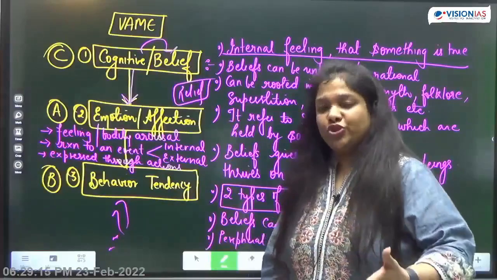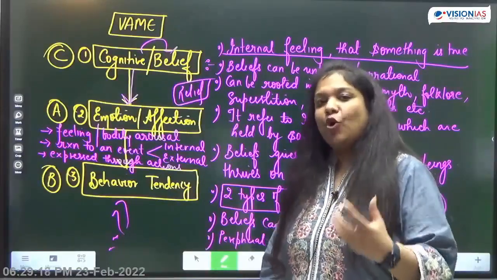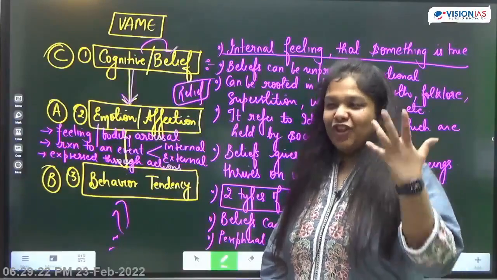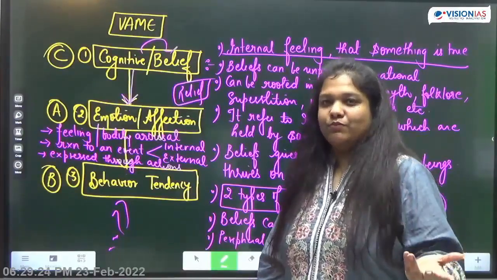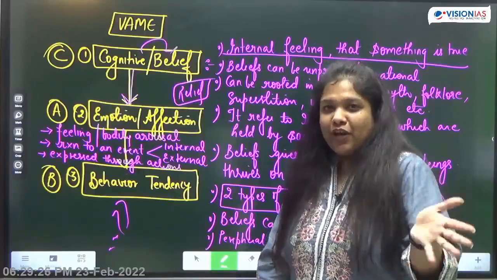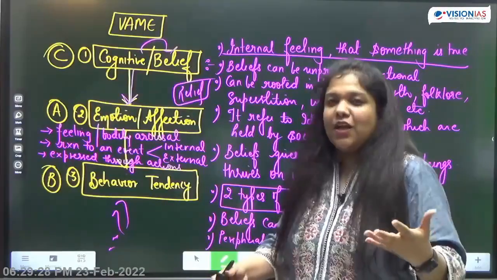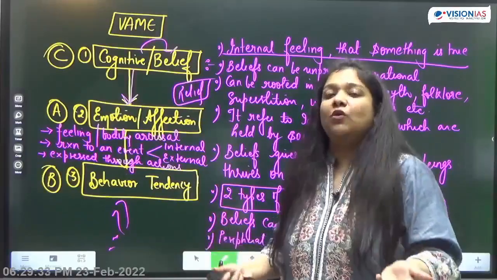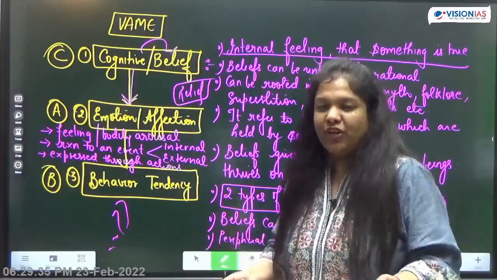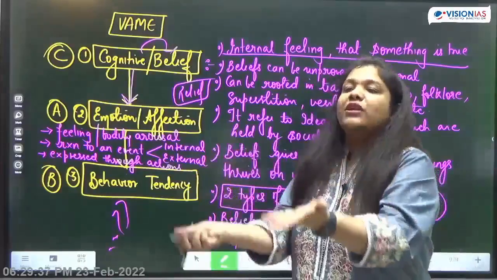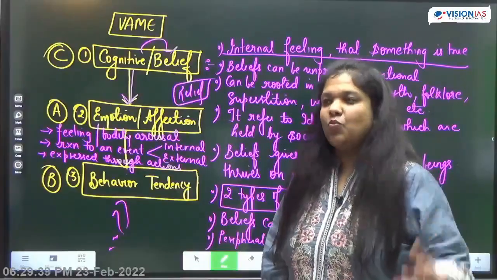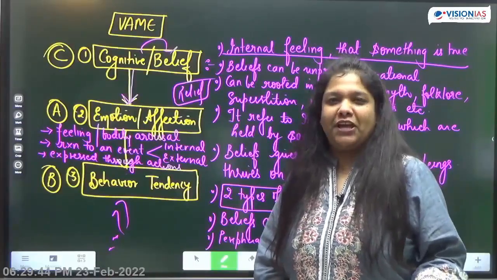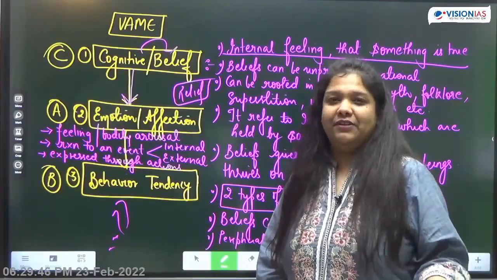So what are emotions? Emotions are a feeling. It's like a bodily arousal. So whether you are sweating, whether you are red, whether there are goosebumps, or trembling, anything. It is nothing but a development of a feeling. It's a bodily arousal. It is a reaction to an event which is happening within you, or is it happening outside? Someone has abused you. An emotion has been generated in you of anger and you have turned all red.